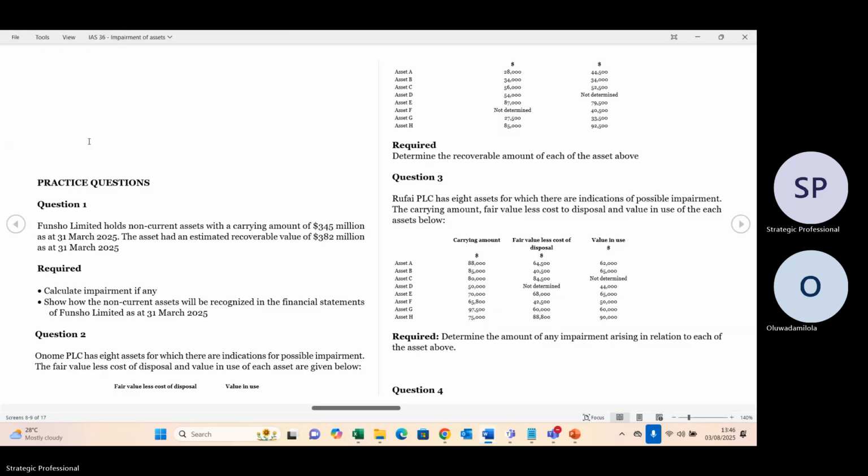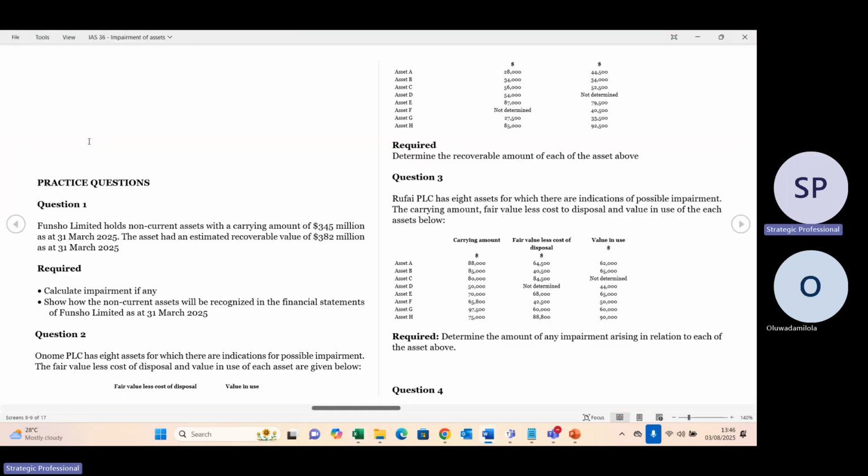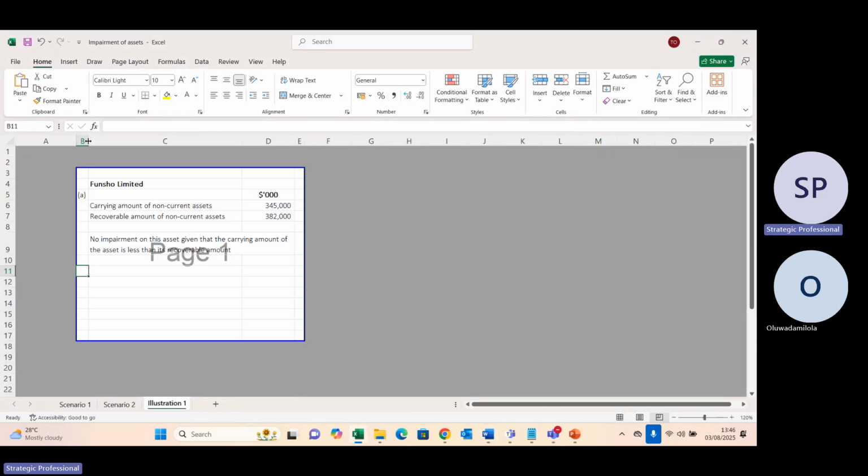Now, what do you think? They say show how the non-current assets will be recognized in the financial statement of Funsure Limited.